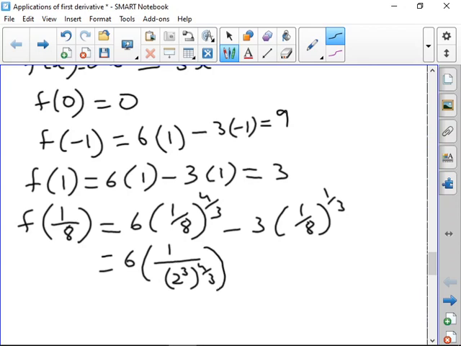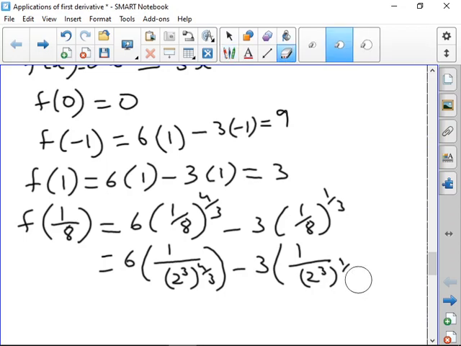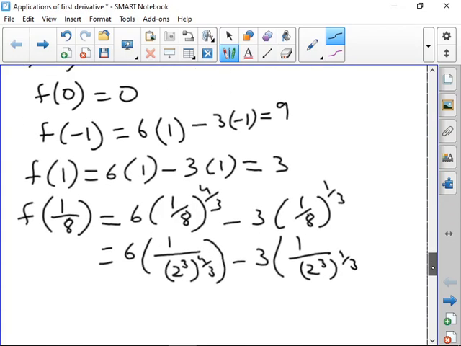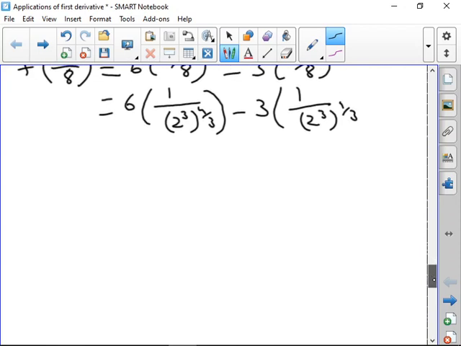So 6 into 1 by 2 power 4, 2 power 4 is 16, minus 3 into 1 by 2, the 3s get cancelled.